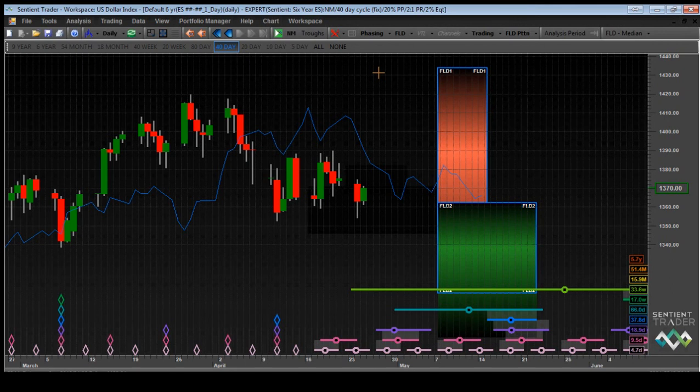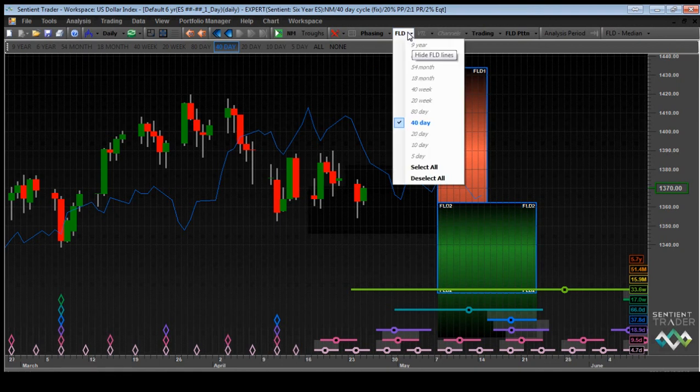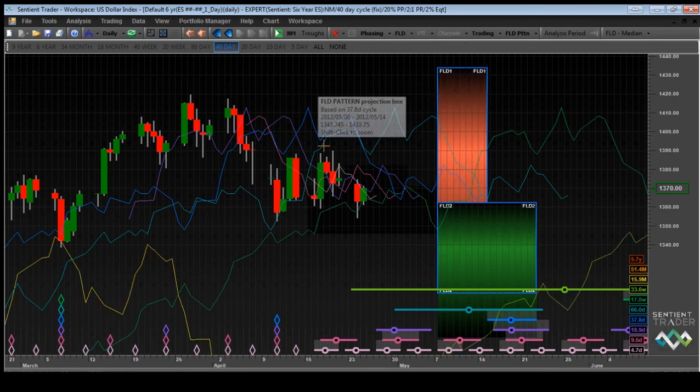The other thing it takes into consideration is, of course, underlying trend. If the underlying trend, which is the pressure or the direction of the longer cycles, is pushing downwards, then it takes that into consideration when calculating the FLD pattern projection boxes. The other thing that CentiTrader takes into consideration is not only your trading cycle FLD, but in fact every single FLD that is present on your chart.